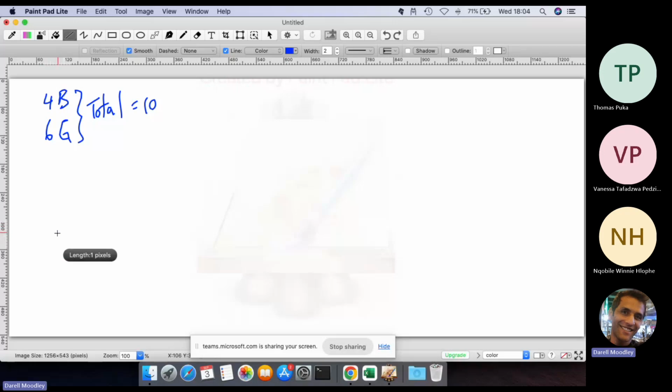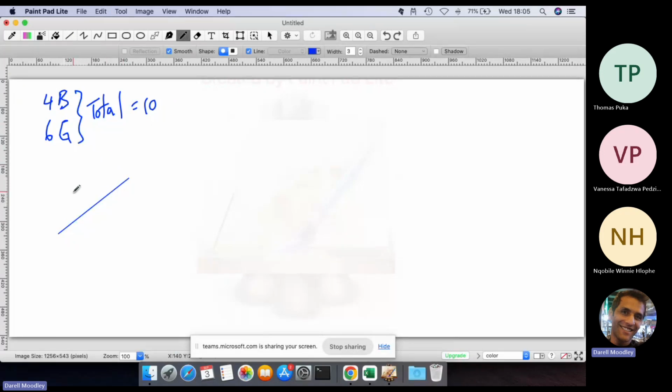So at first, let's say we draw a green marble first. When we put our hand into the bag and draw a green marble, remember, there are 10 marbles and 6 of them are green.